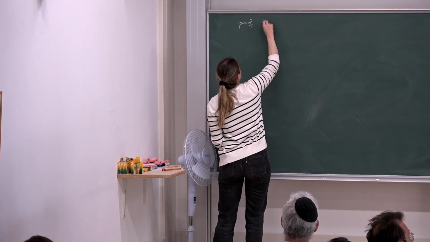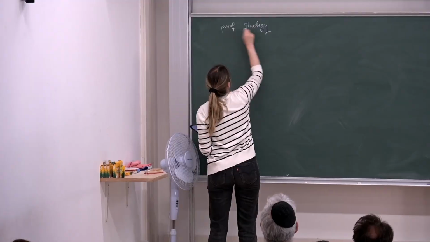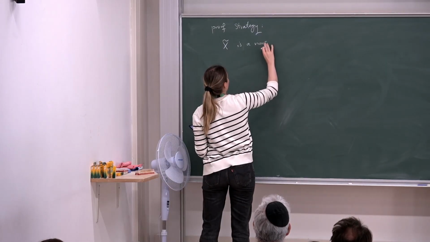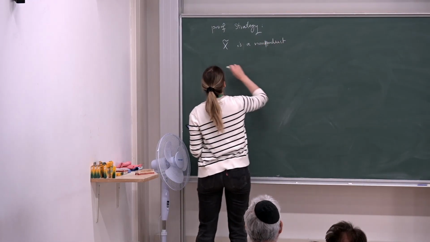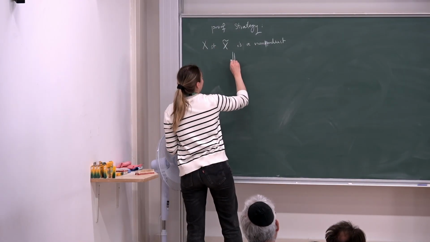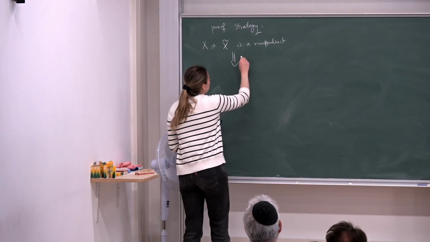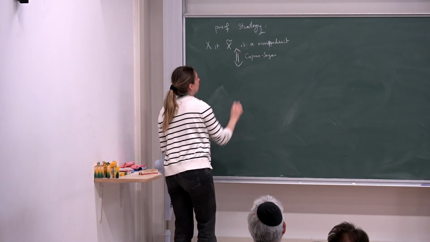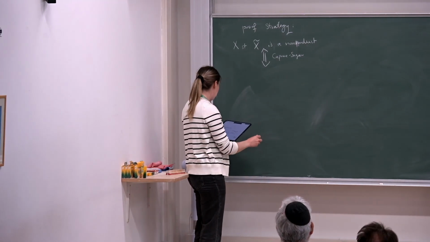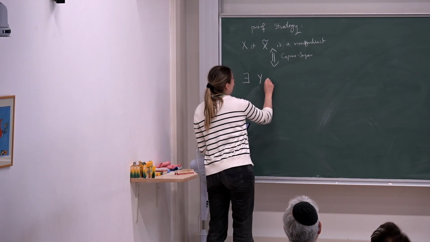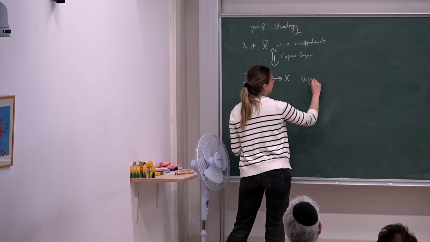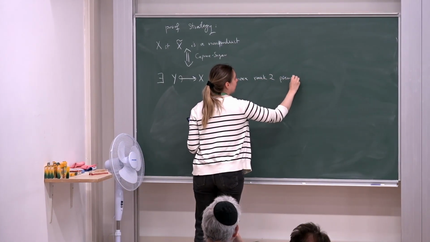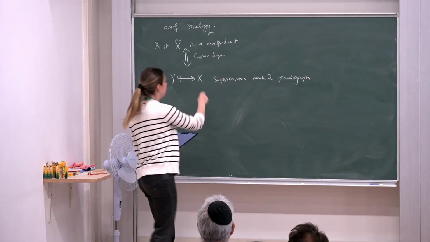The first step: if I have X whose universal cover is a non-product, then using mostly the work of Caprace and Sageev on rank rigidity, and in fact this is an equivalence, we can construct a superconvex rank 2 pseudograph Y that maps to X.